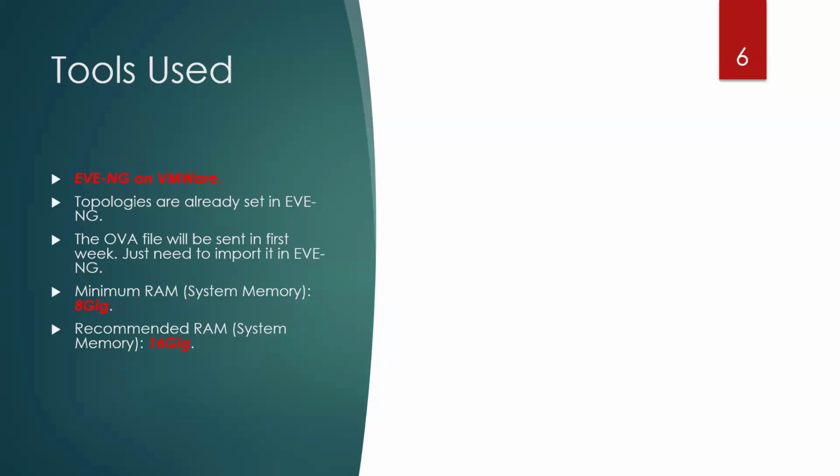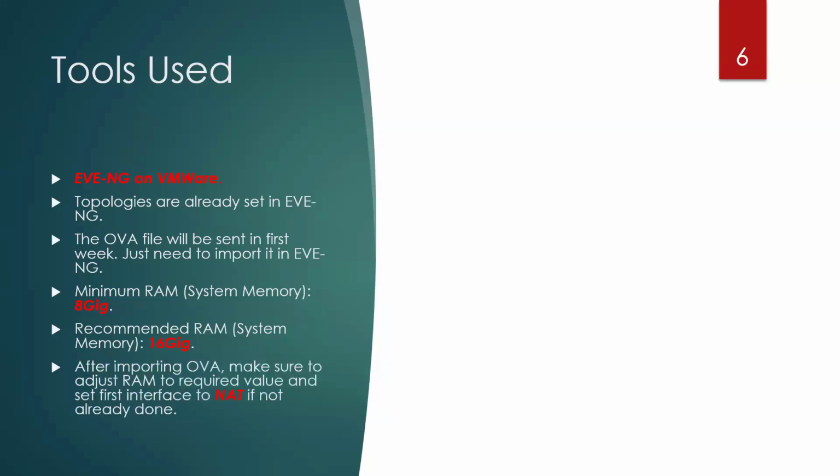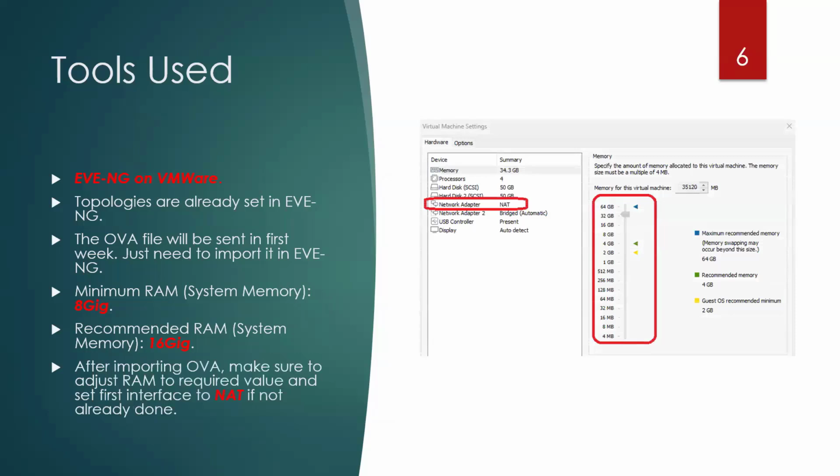So this is just a recommendation. And as always, make sure the network adapter is set to NAT. It is very important, especially in this class, because our automation hosts need to connect to the internet to update themselves or to query the Cisco sandbox websites. For all these things, they need internet connectivity.